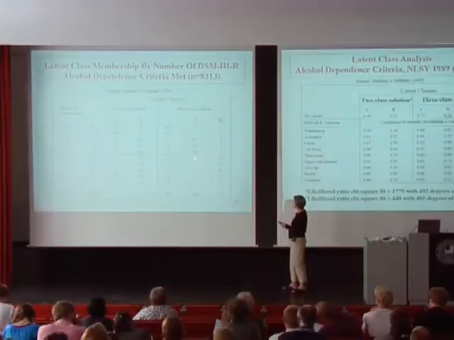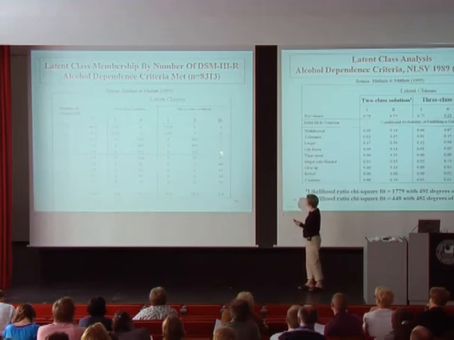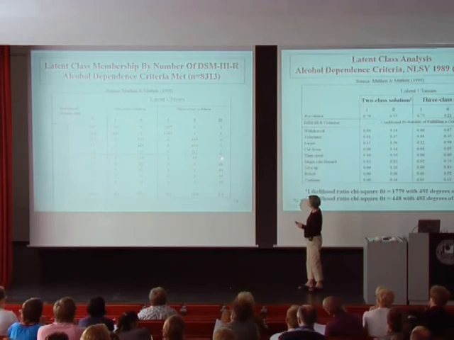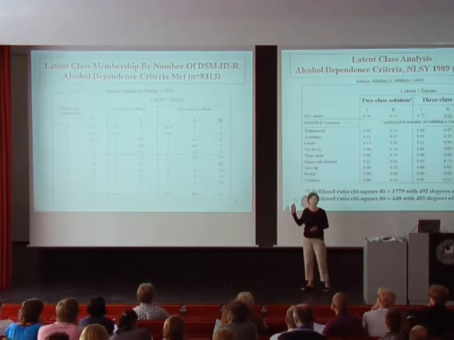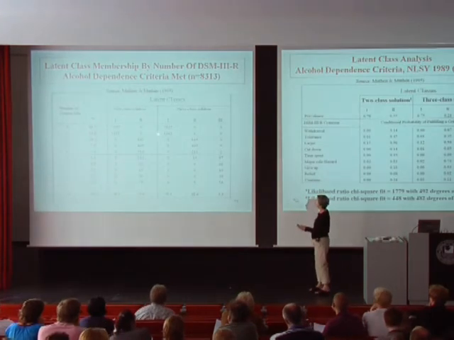One endorses 5, or 19 endorse 5. And then if you look down at class 3, you'll see that the majority endorse 5 or more items. Only 2 endorse 4. So when you look down here, you can see that you can make cut points.